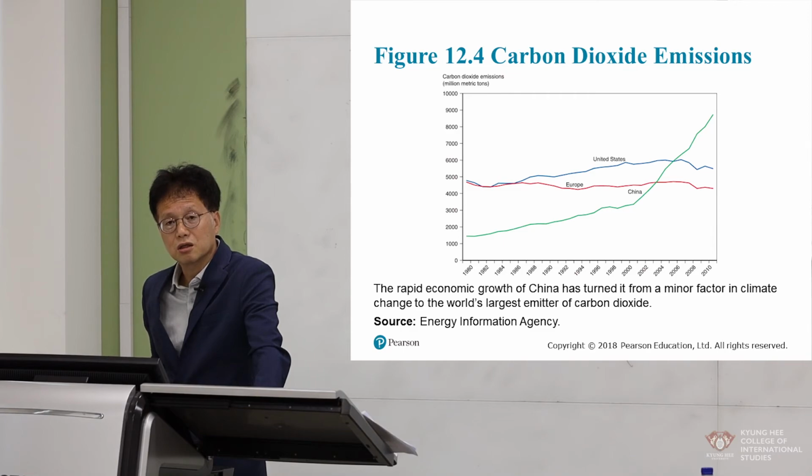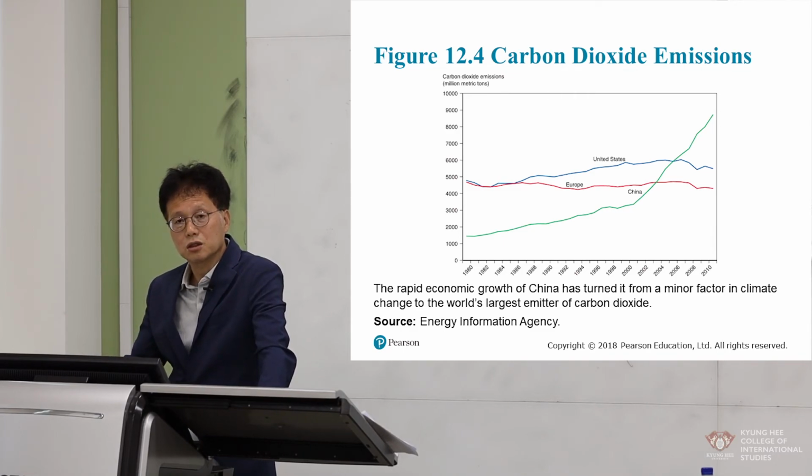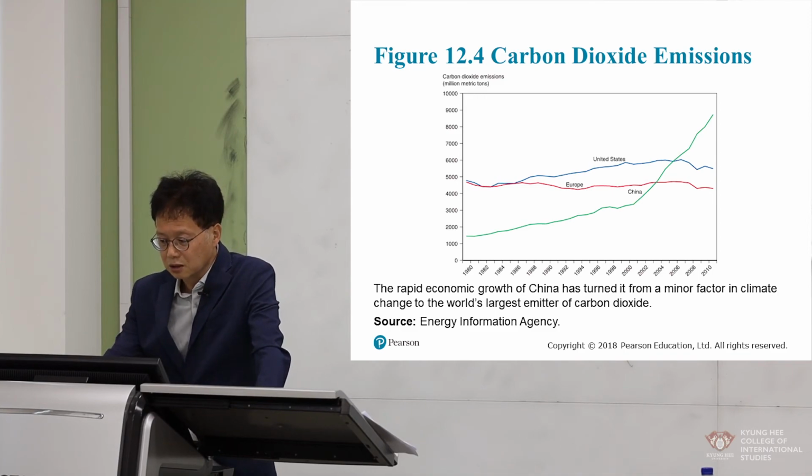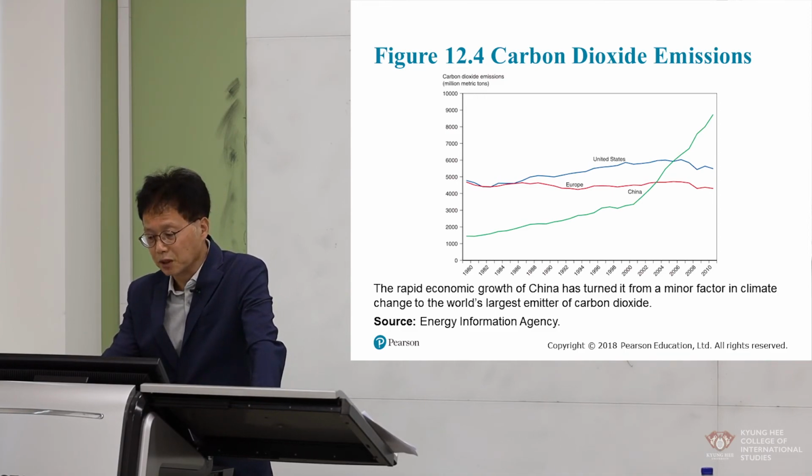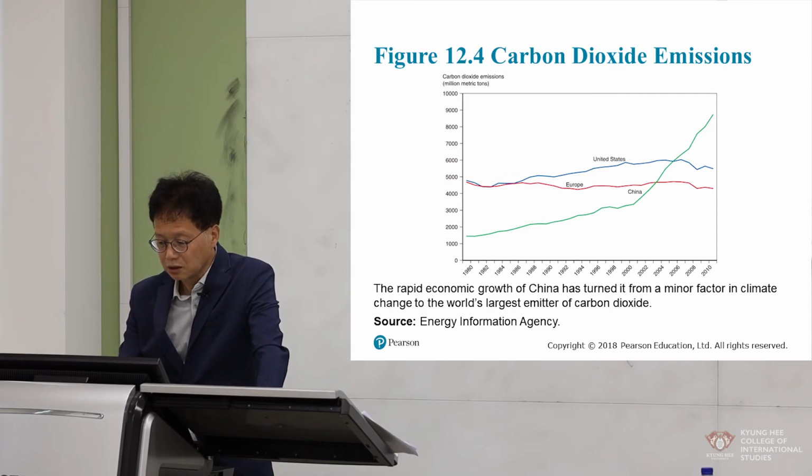So after that, lots of developing countries are likely to have some burdens to emit less than before. Okay? Responsibility for emission of pollutants. That is the background of the changes in climate change negotiation.